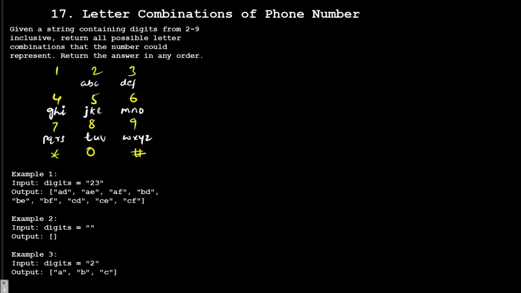So I'm going to explain another approach, that is using recursion and backtracking. How can we solve this using backtracking? Now if we have the digits 2 3 4, first we check for 2. 2 can represent 3 characters, that is a, b, c.